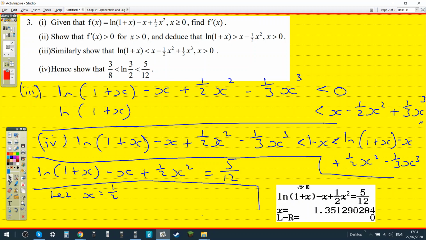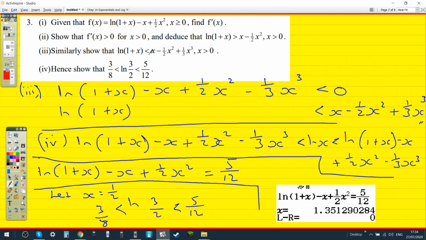5/12 for ln 2 is less than 5/12. And the other one, 3/8 is the other one. Yeah, so you would just sub in a half for it.